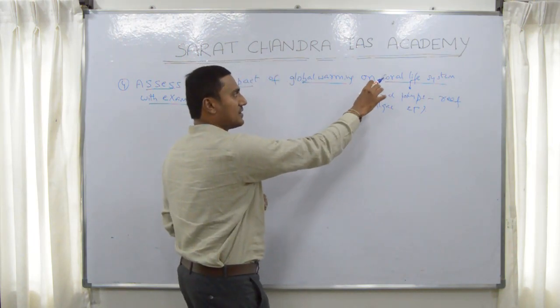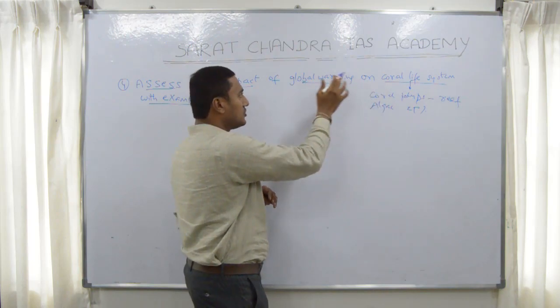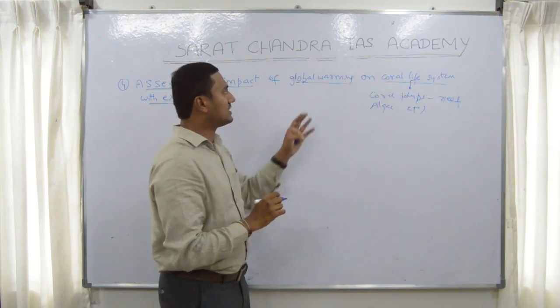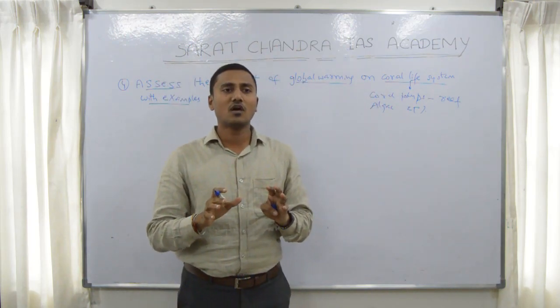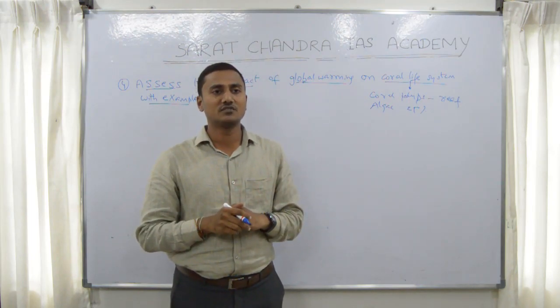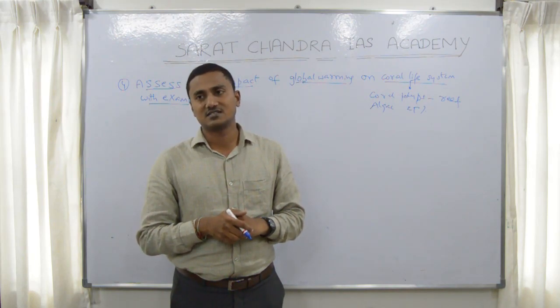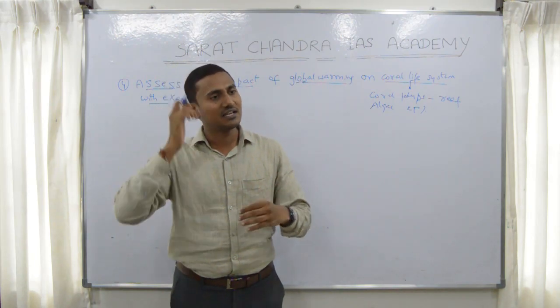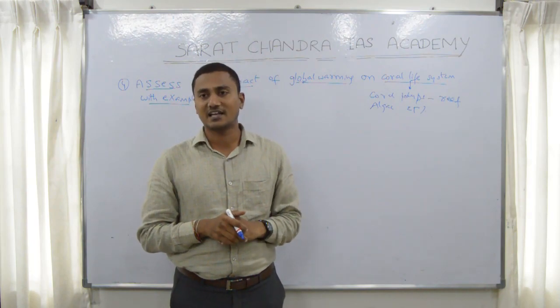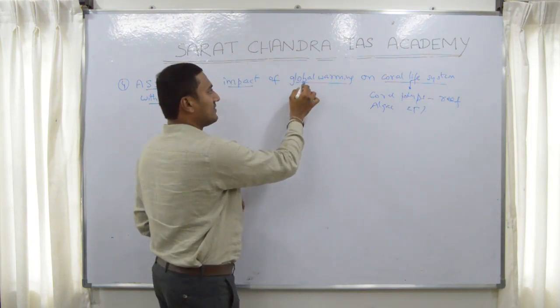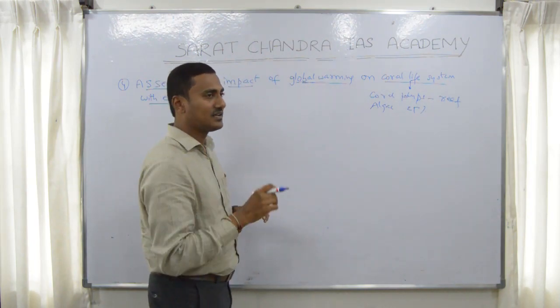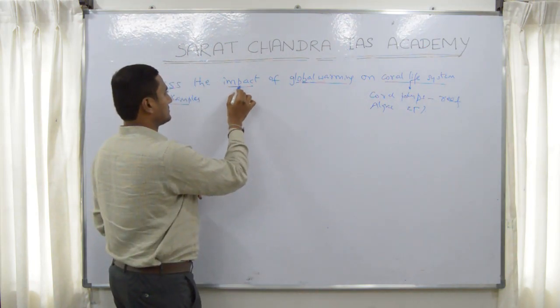Having explained the coral life system to the evaluator, you move on to global warming. You can just say that global warming is a rise in the temperature of the atmosphere mainly because of greenhouse gases, which are increasingly emitted by anthropogenic activities. After saying about global warming in one line, you come to the impacts.